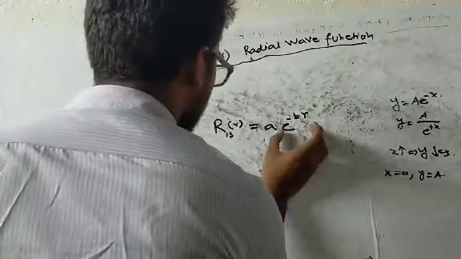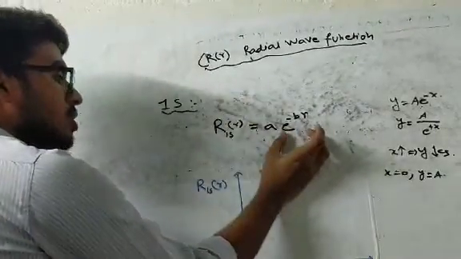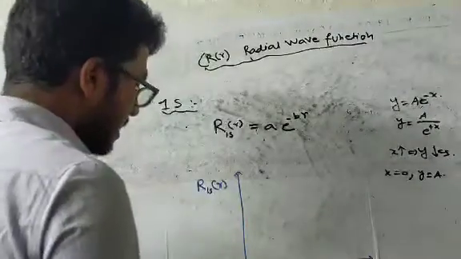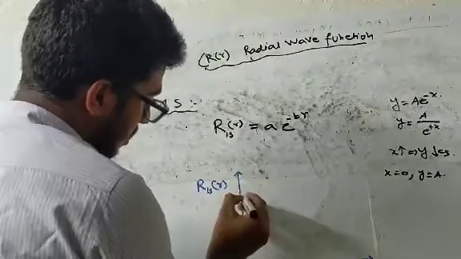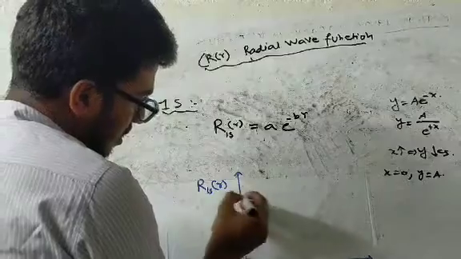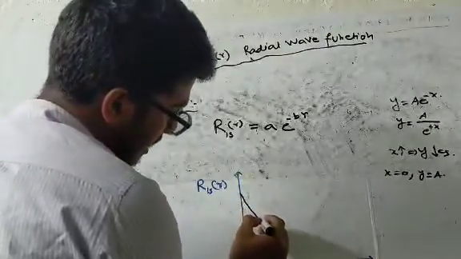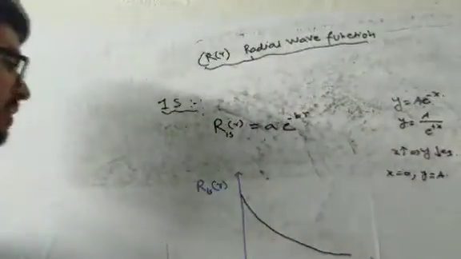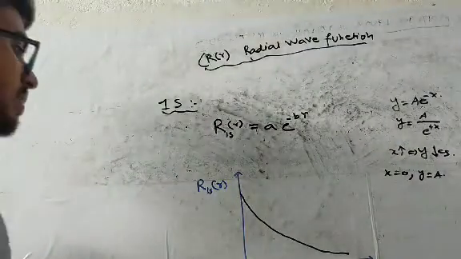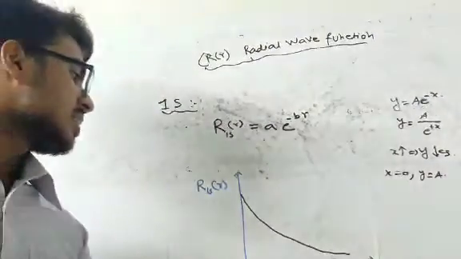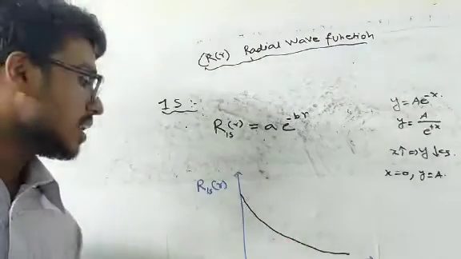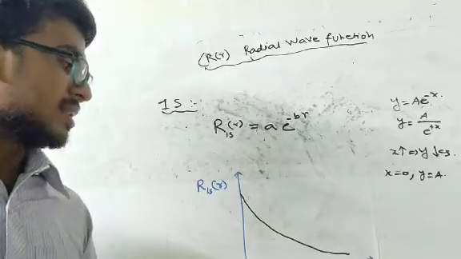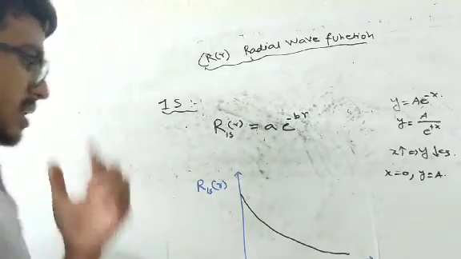So this graph also starts from here, and as r increases, the value of R decreases. This line will never cut the r axis.